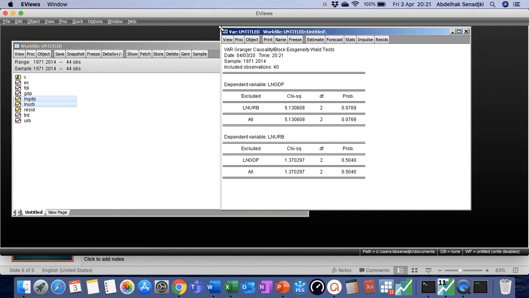So TYDL does not require us to find a co-integration, and it also avoids some of the limitations of applying the VAR or VECM. So this methodology can help a lot in advancing our research, and I really encourage you to use it in your studies and in your research.